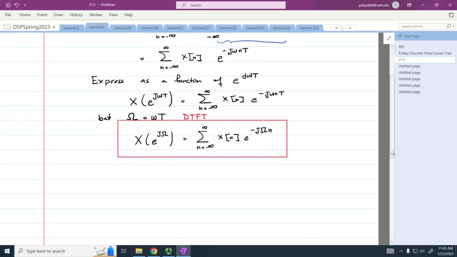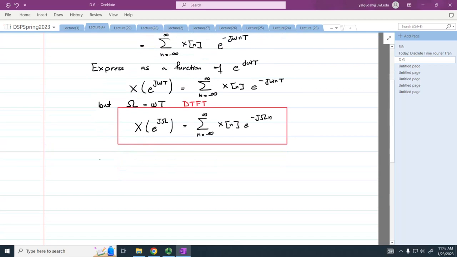Now, if you look at this expression, we know that e to j omega is equal to cosine omega plus j sine omega. And therefore, we know that cosine omega, sine omega, they're periodic. And therefore, e to j omega is also periodic.